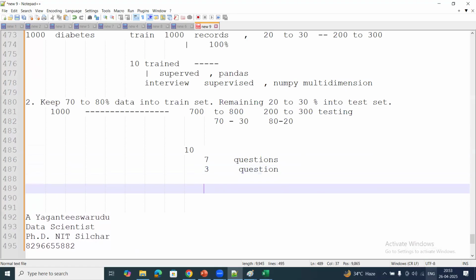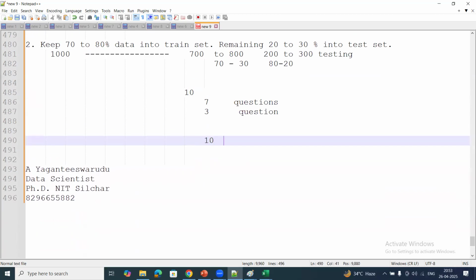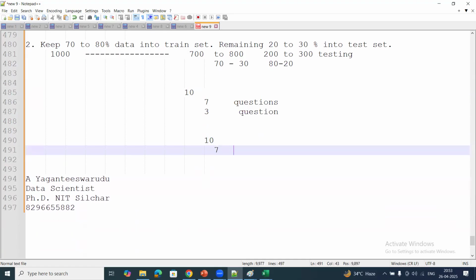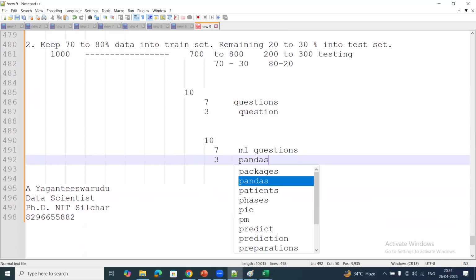Let us assume that, out of 10 questions, the first 7 are machine learning questions and the next 3 are Pandas questions.